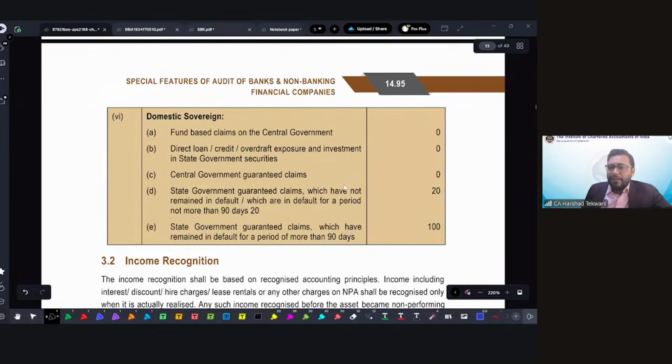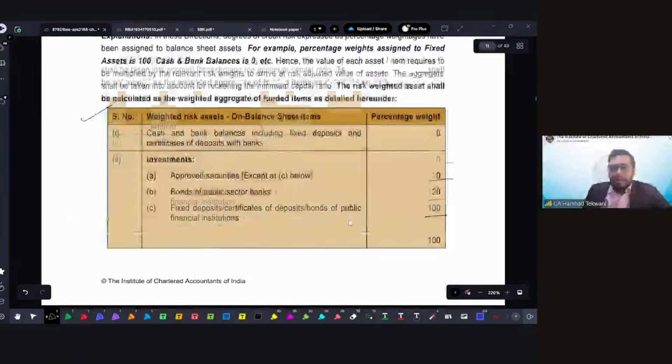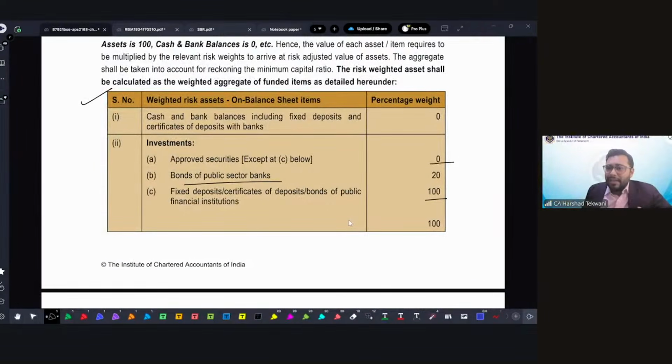If it is risk-free, you can apply 0. If it is risk-driven, you can apply 100. And there are certain categories where there is 20, like state government claims, or bonds of public sector. These are the two categories where you have a 20. So the categories and the weights are pretty much predictable.